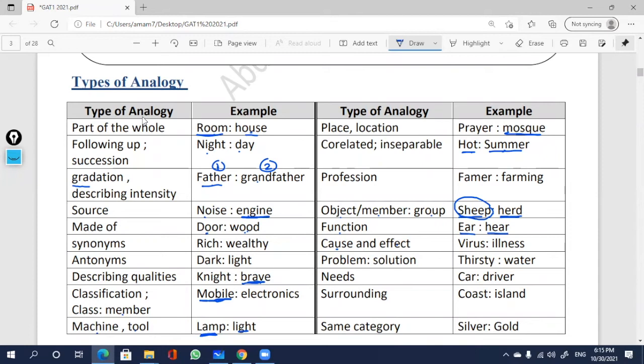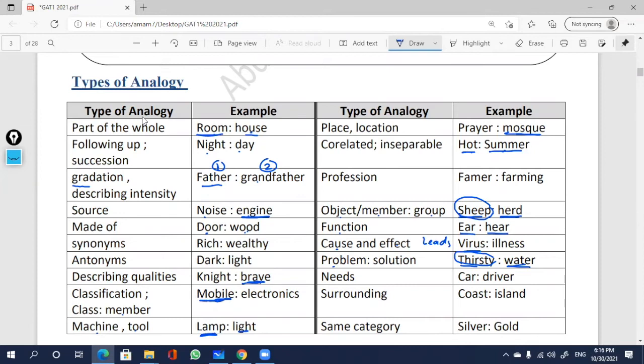Also, you can use leads to: virus leads to illness. Problem solving, we have thirsty, water. The problem is thirsty and the solution is water. Needs, car, driver. A car needs a driver, or a car needs gasoline, for example.